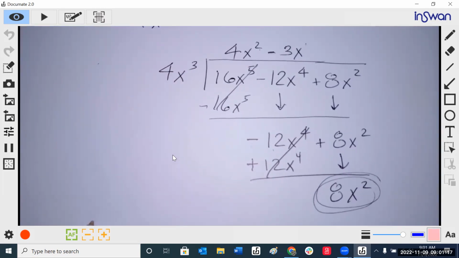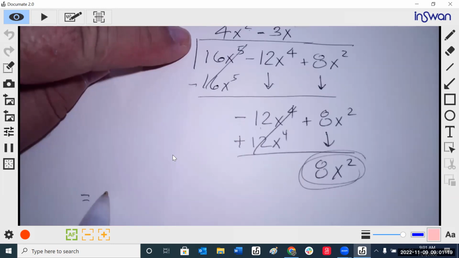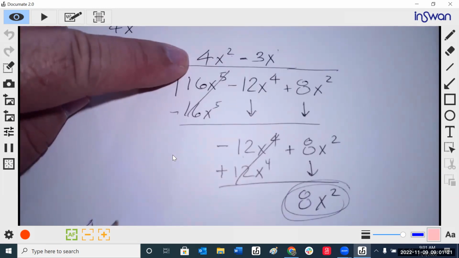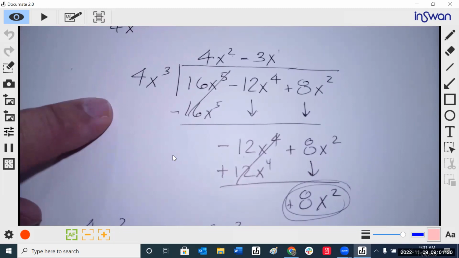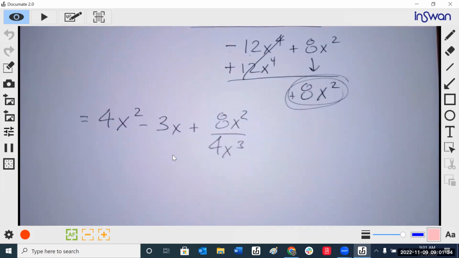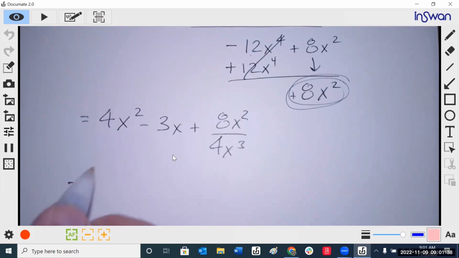So what we have right now, our solution looks like 4x squared minus 3x, this is a positive, 8x squared over 4x cubed, right? Can we simplify the remainder any?